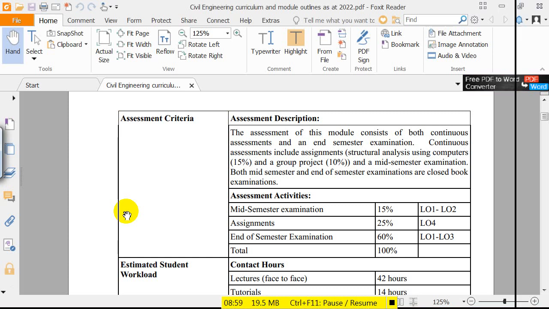If you are consistently studying, consistently updating, and consistently attending the computer labs, then you can easily score this 25%.